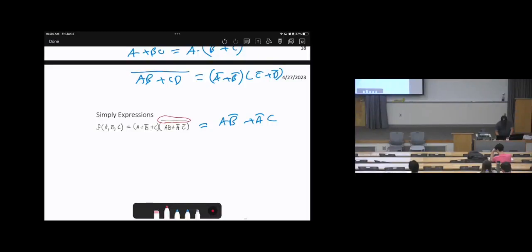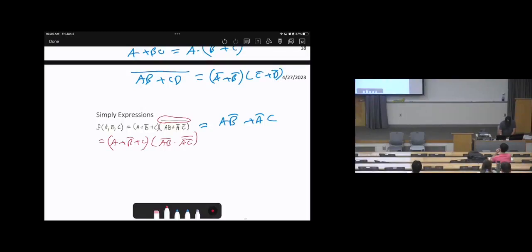Let's try to distribute this bar on the expression. How? I'm going to leave the expression here, A plus B bar plus C. The first term will be as is. Now the second term, AB, I'm going to make it distributed like this. A B bar alone, and the plus will be multiplication, A bar C bar, all bar.